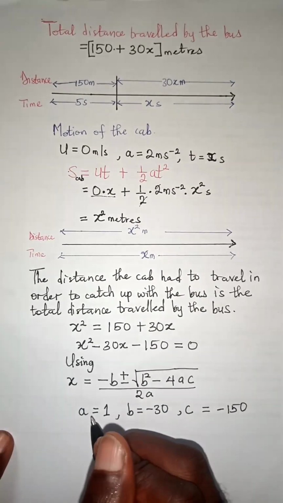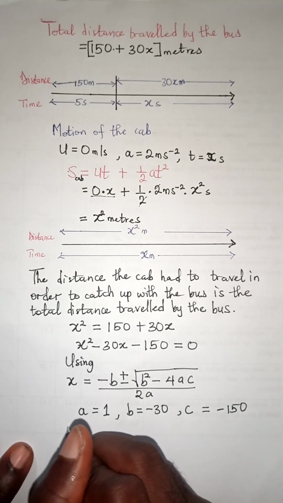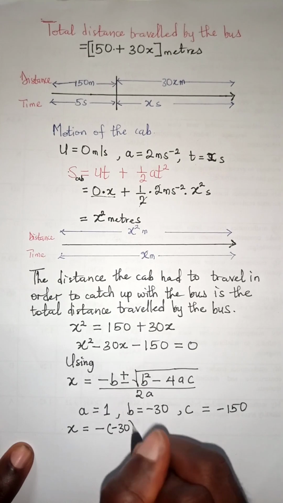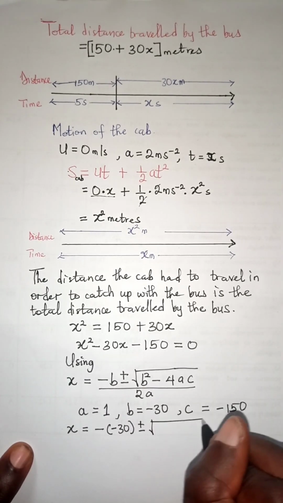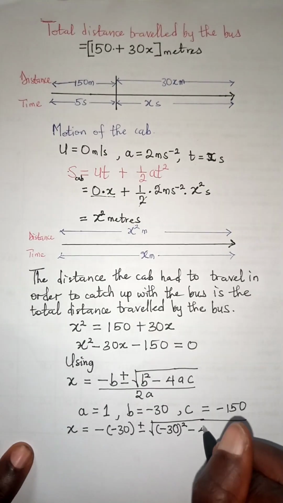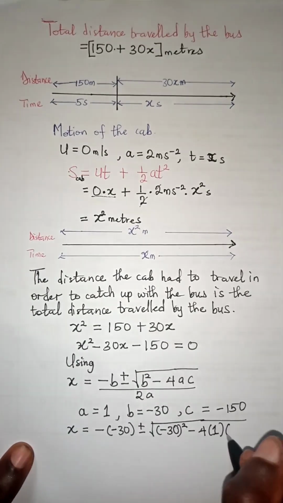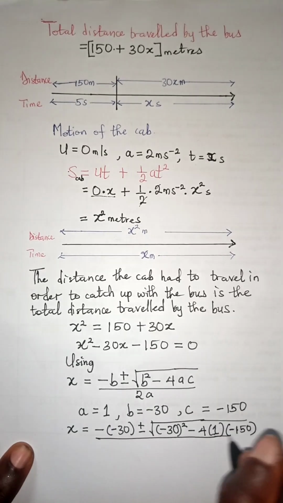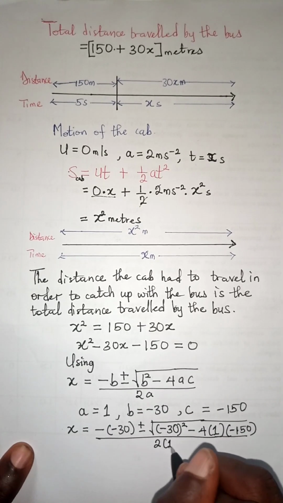150. So substituting these values into the formula, we have that x equals minus negative 30 plus or minus the square root of negative 30 squared minus 4 times a, which is 1, times c, which is negative 150, over 2 times 1. That's 2a.